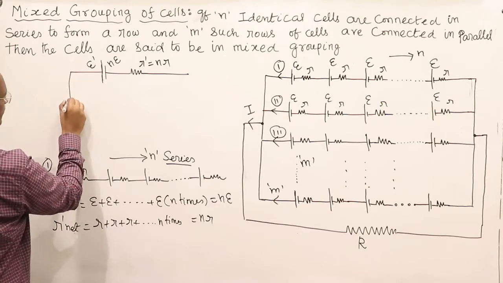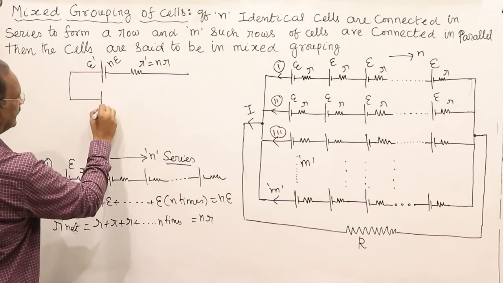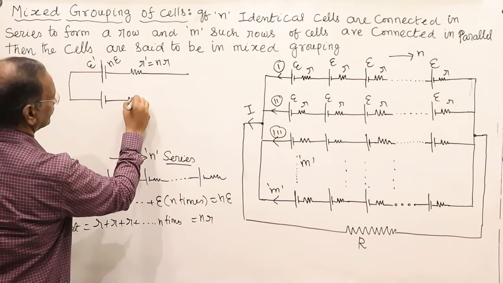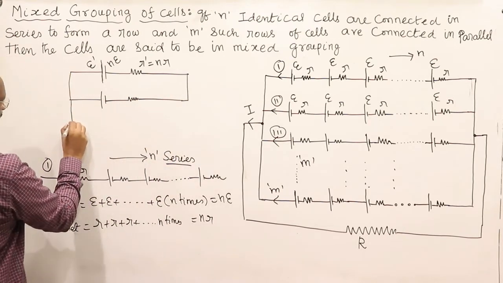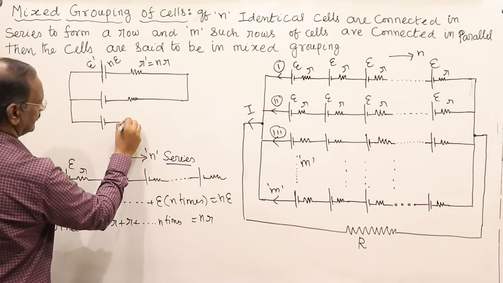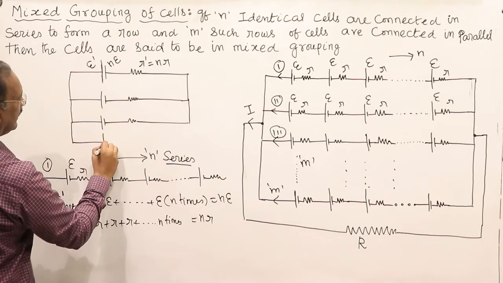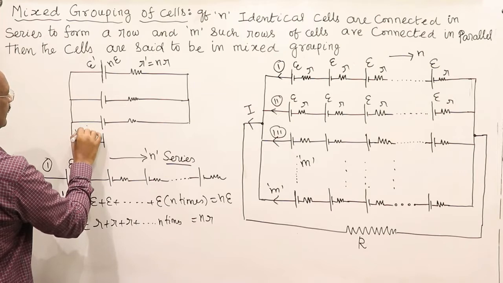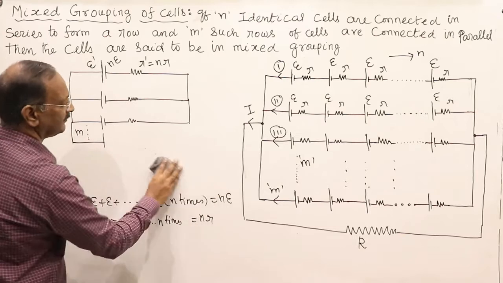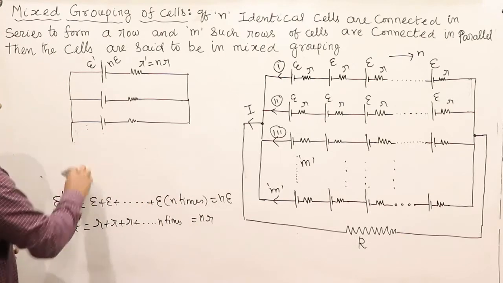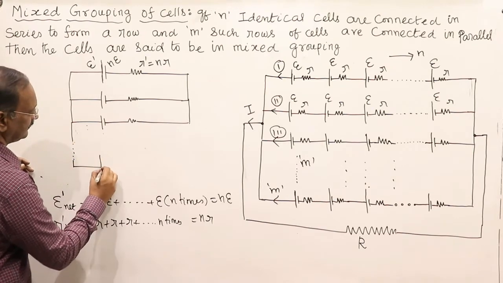There are m such rows, because the second row is also identical, the third row is also identical, so we can represent them like this: the third one, the fourth one, and the mth one. There are m such rows.